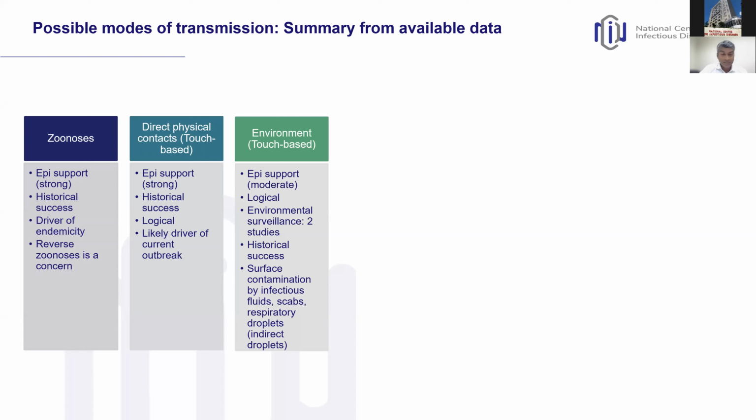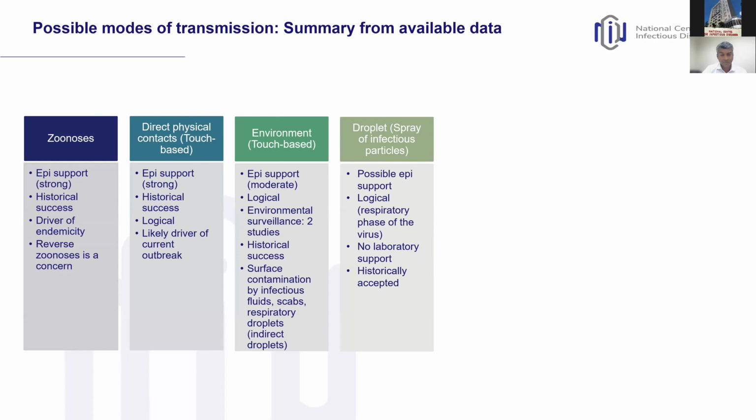There is historic success as well, because environmental cleaning is part and parcel of infection prevention and control together with personal protective equipment. So there is established historical success that this is actually a potential source. Surface contamination by infectious fluids, scabs, respiratory droplets, or indirect droplets is possible.